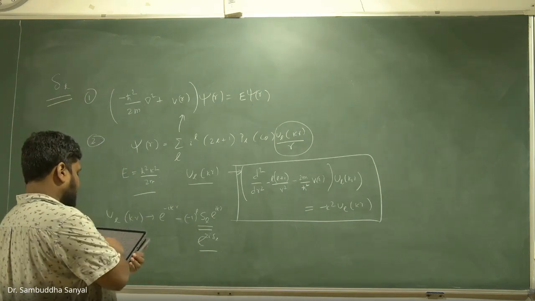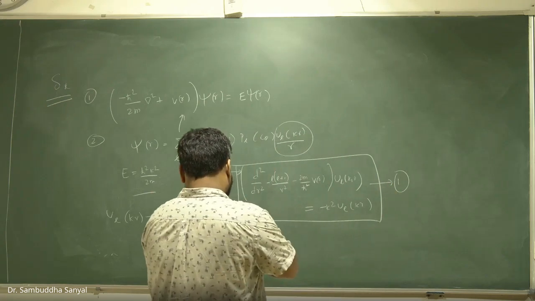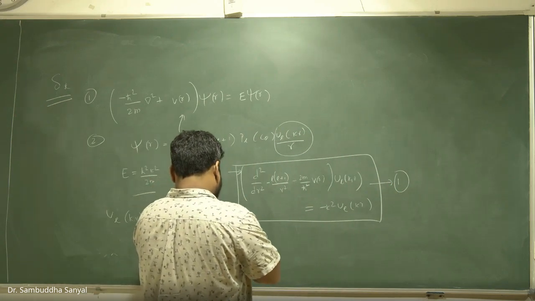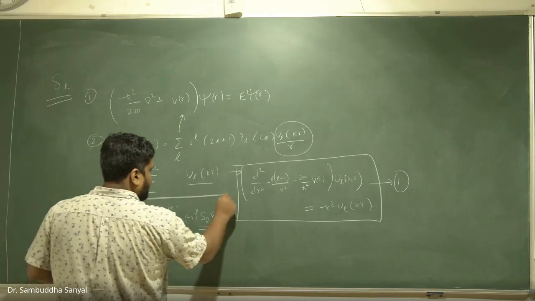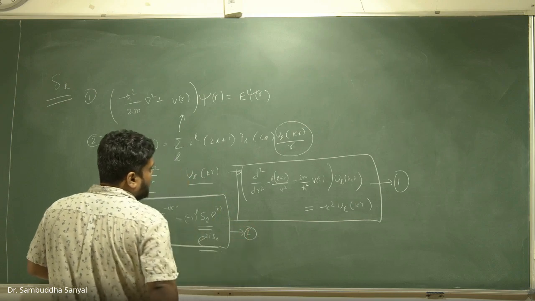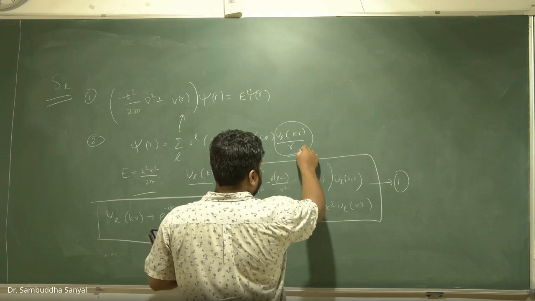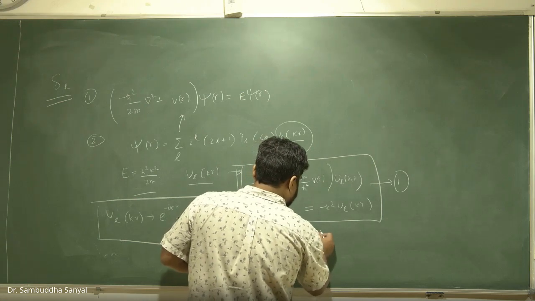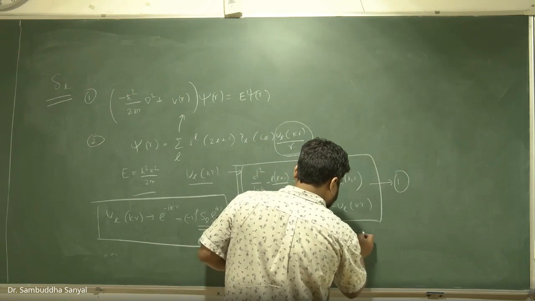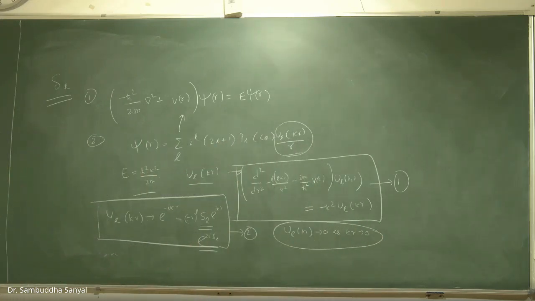This equation, let me give it a name: equation number 1. This condition that it should be the asymptotic form, let me call equation number 2. And we don't want anything to blow up, because this j_L is well behaved, so U_L(kr) must go to 0 as kr goes to 0.